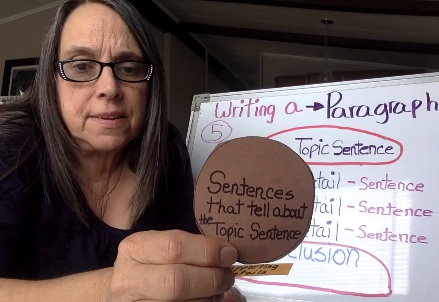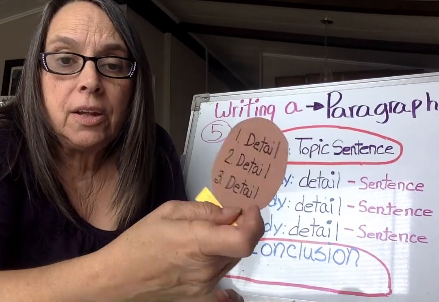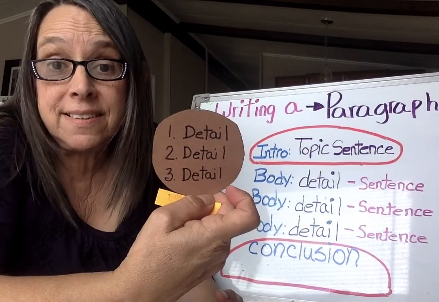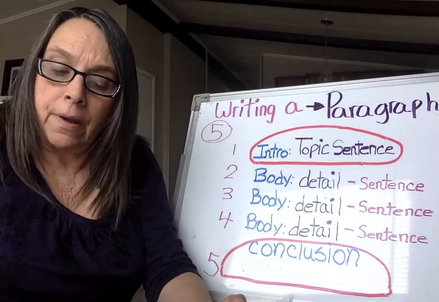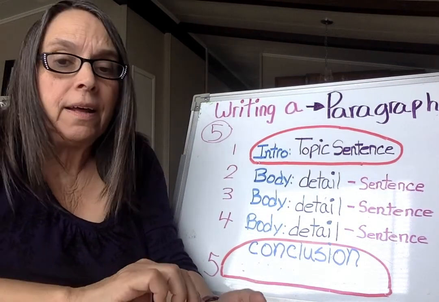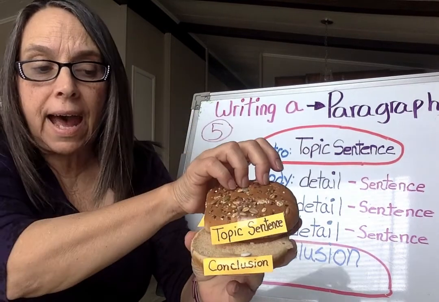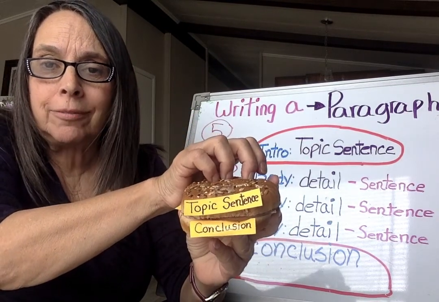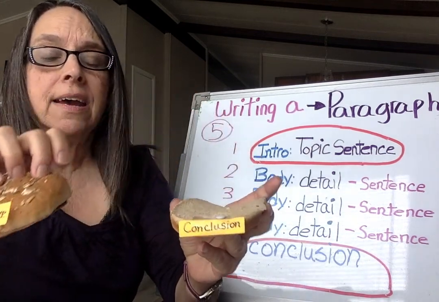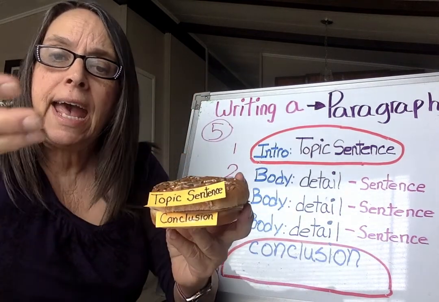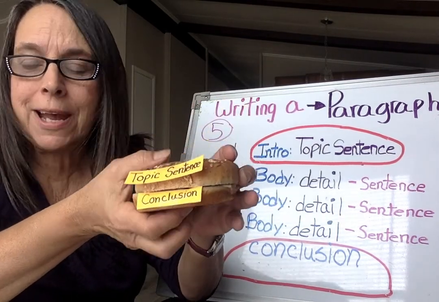It's the sentences that tell us about the topic sentence. It's 3 details, 3 sentences, just like I wrote here. Okay? And then the ending, the conclusion, is the bottom part of that, okay? So it's like a hamburger, okay? You have the top part, that is a topic sentence, bottom part, that's a conclusion, and all the details in that paragraph are inside this hamburger, okay?